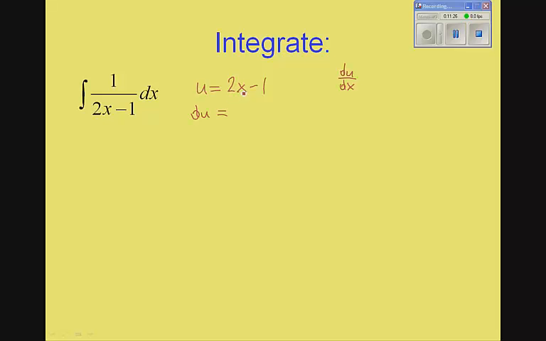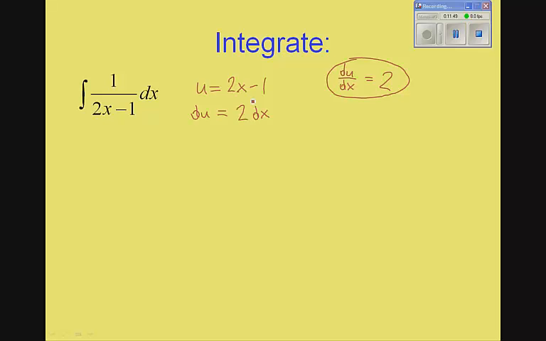U here is a function of x. It's 2x minus 1. So then what is the derivative of u with respect to x? 2. So another way to write this, which is a differential equation, is you can write du equals 2 what? dx.